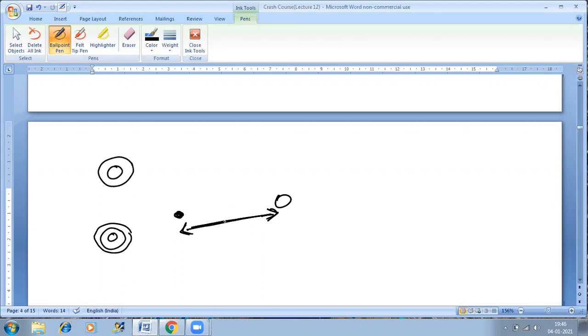That is, it can be lost by the element easily. So I can say that if the number of shells increases, it is becoming easier for the element to lose the last electron. That means it is becoming more and more metallic by nature. So I can say that on going from top to bottom in a group, the metallic character increases.